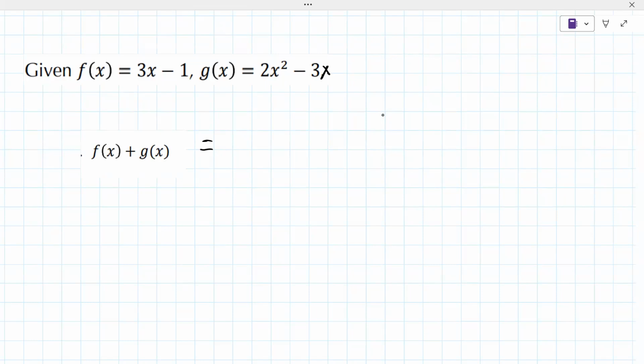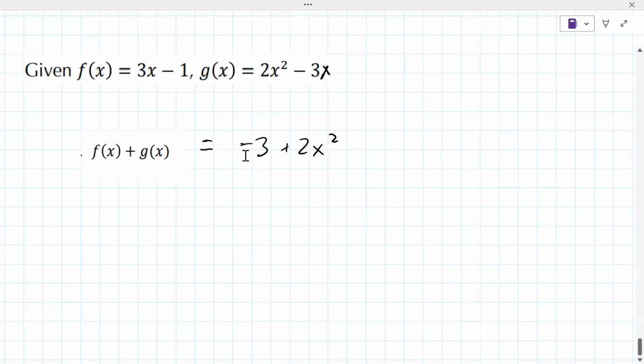So 3x minus 1... it should be just the 3x's cancel. So it's negative 3 plus 2x squared. Is that what you meant?